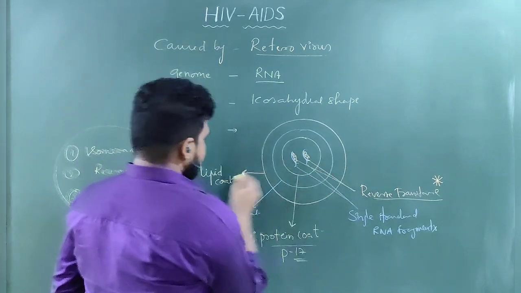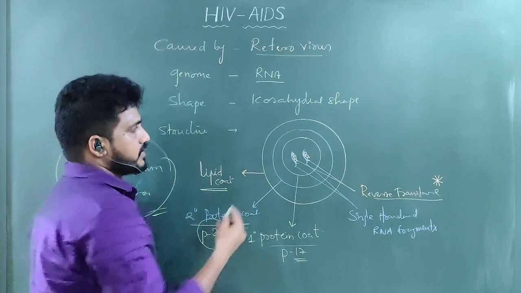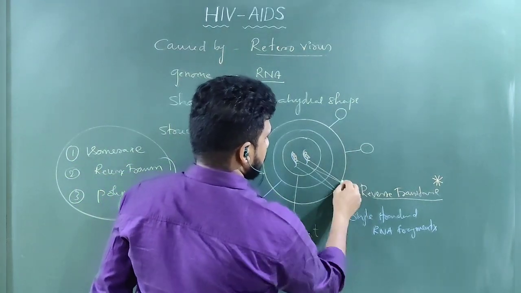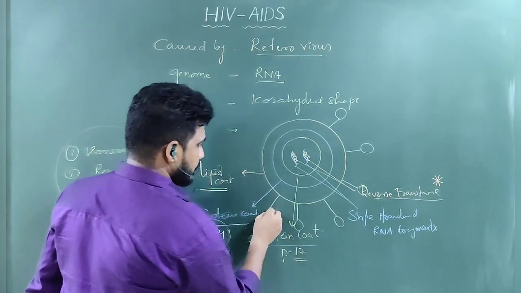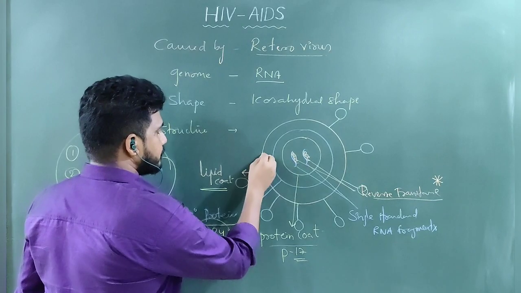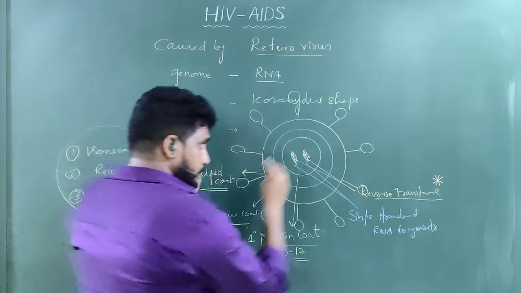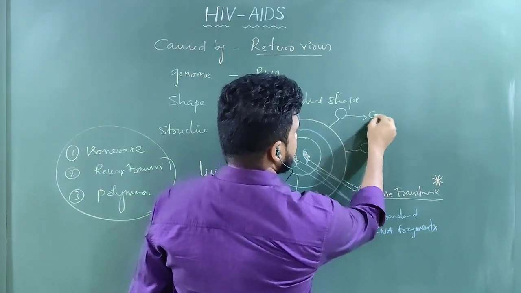Now the third coat is absolutely a lipid coat. The lipid coat consists of glycoprotein membranes, which are glycoprotein receptors. So what you are observing is the complete structure of HIV. This is how glycoprotein receptors are present.